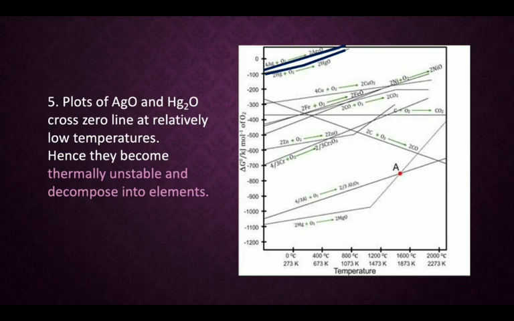For example, silver oxide will decompose very easily at very low temperatures to give silver and oxygen. Since they cross the zero line for delta G at low temperatures itself, when you heat them to high temperatures, they decompose easily to give the respective elements.